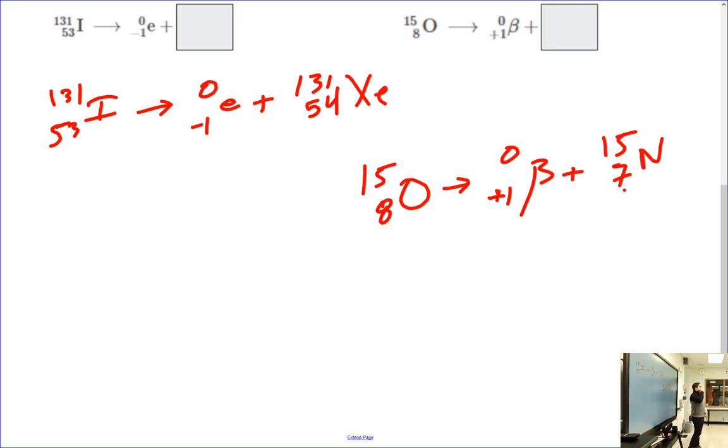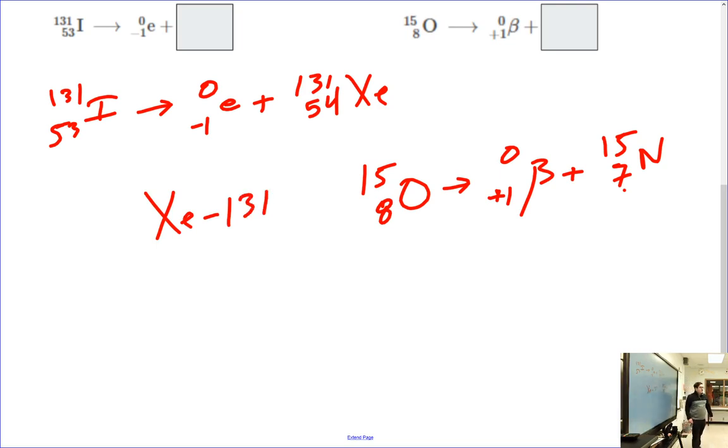Here's how you type this in the homework. I very specifically said in the instructions, if you tell me what element you have, I know you know how many protons we need. All I need is for you to tell me what isotope you have.